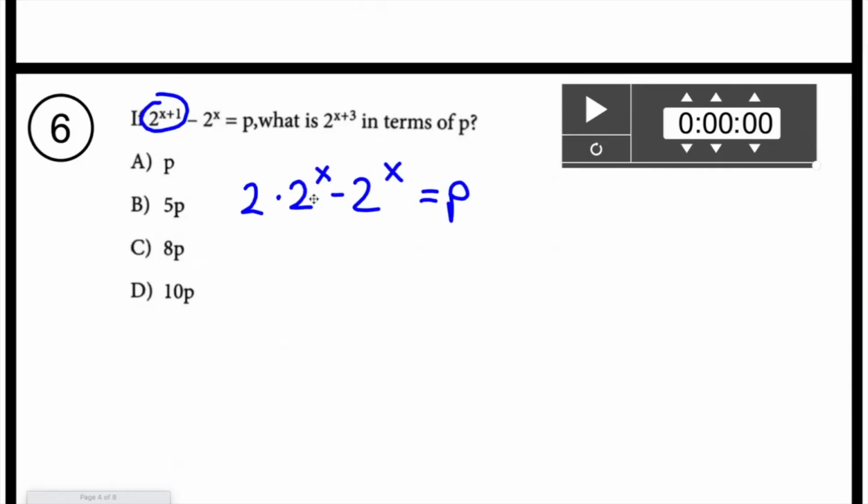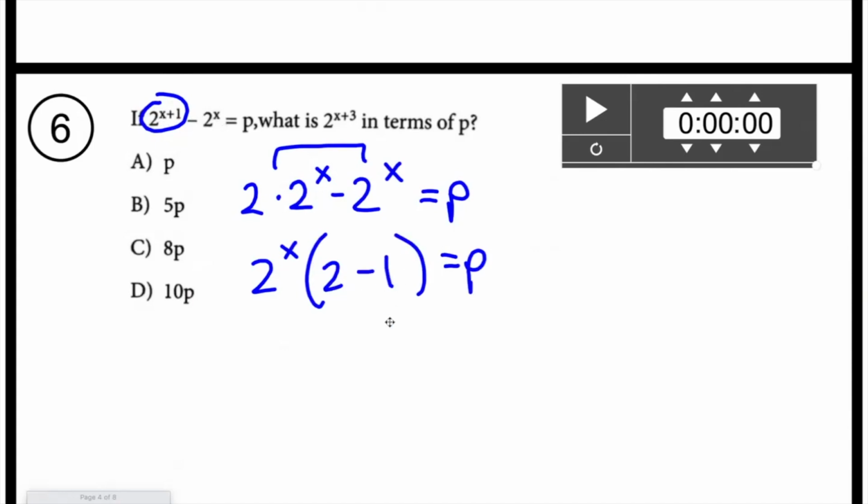And then if I factor out a 2 to the x from here, I'm left with 2 minus 1, and 2 minus 1 is 1. So what I learn is that 2 to the x is really p.